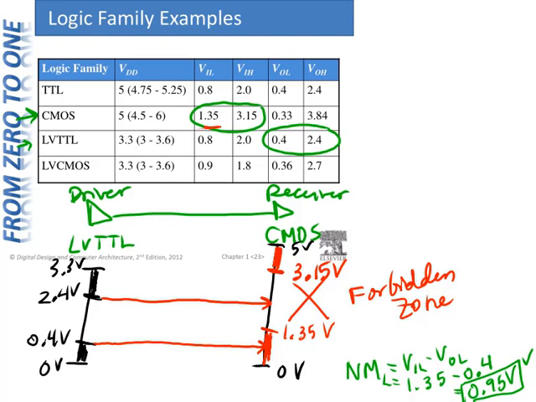On the high end, we get noise margin high is equal to voltage output high minus voltage input high. We get 2.4 volts minus 3.15.